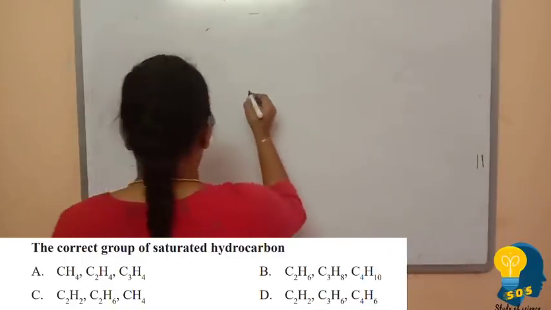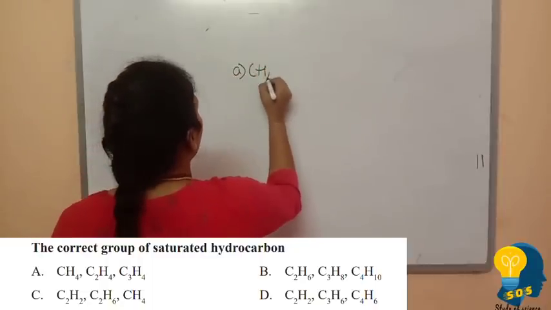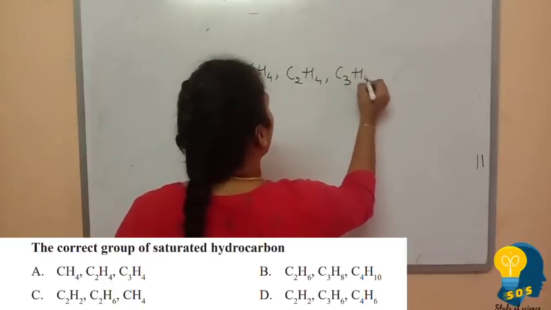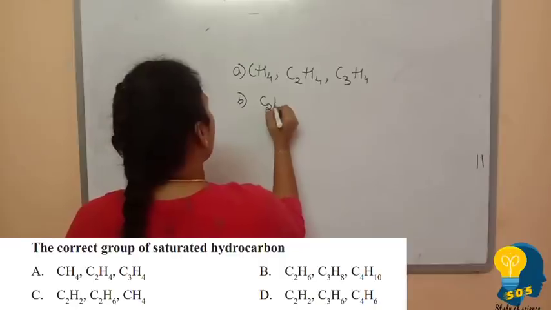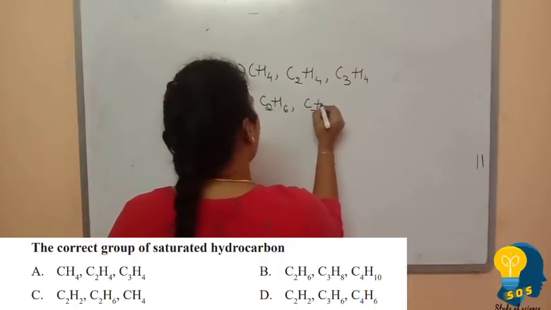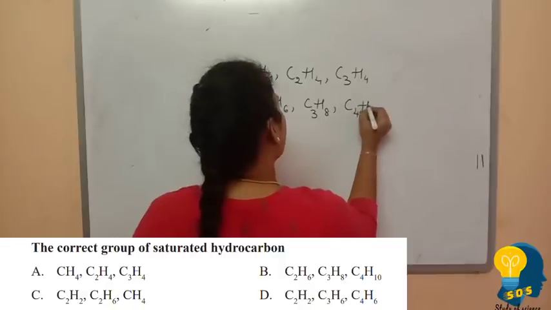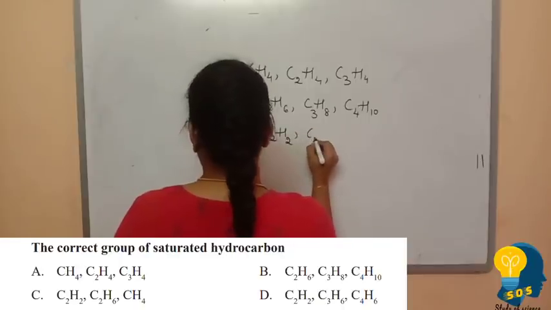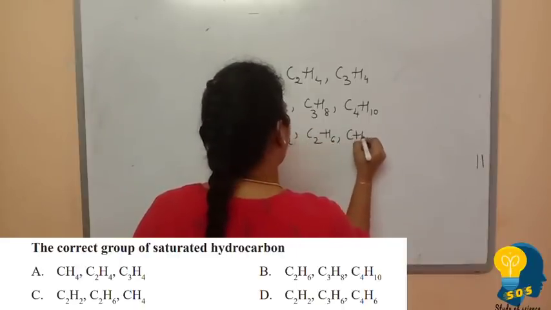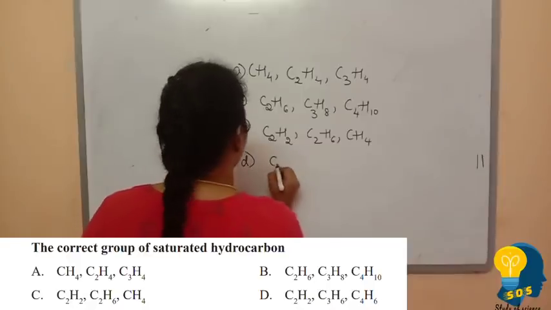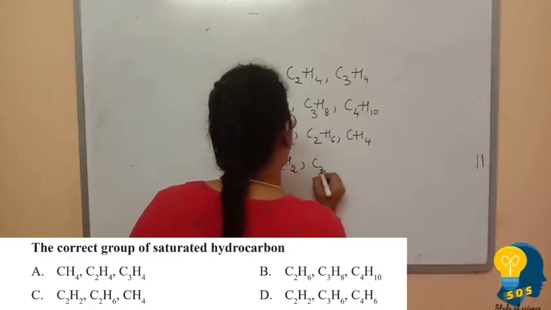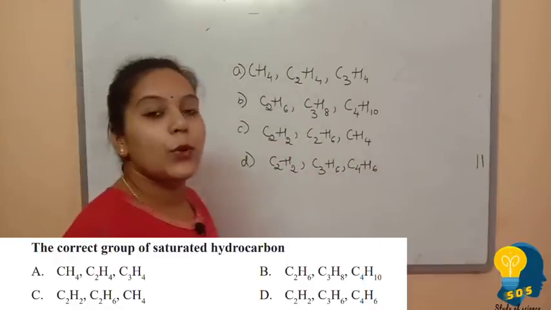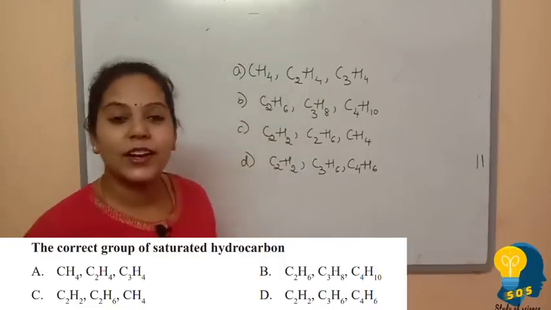And the options here are: option A, CH4, C2H4, C3H4; option B, C2H6, C3H8 and C4H10; option C, C2H2, C2H6, CH4; and option D, C2H2, C3H6 and C4H6. So our question is, you have to find out the correct group of saturated hydrocarbons.